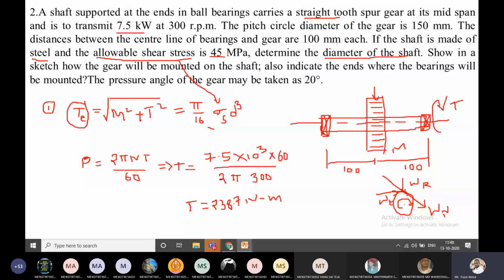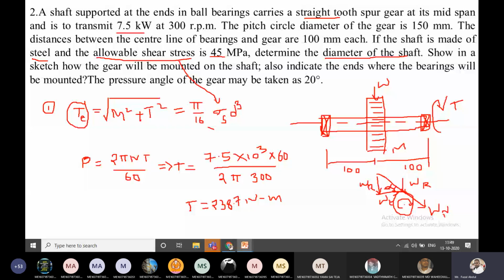Whatever normal load is generated on the gear is nothing but the load acting on the shaft. So this load acting on the shaft we need to calculate.